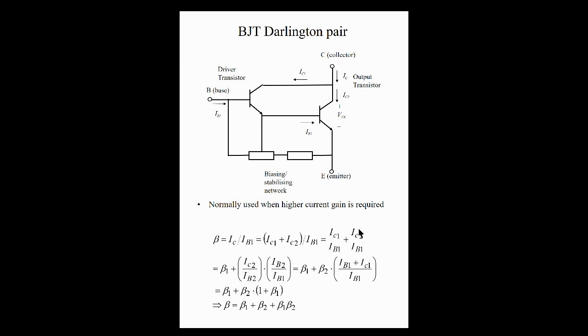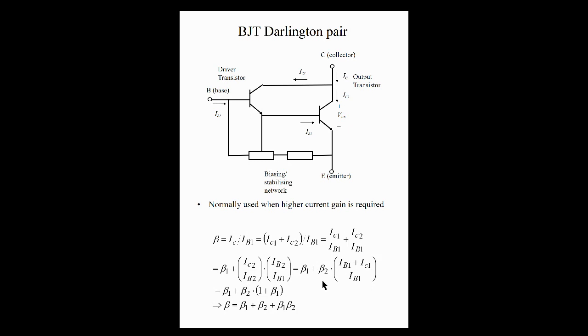And now, what are we going to do here? A little trick step right here, just to simplify the proof. If you look at this, IC2 to IB1, I'm going to multiply the top and bottom of this by IB2.